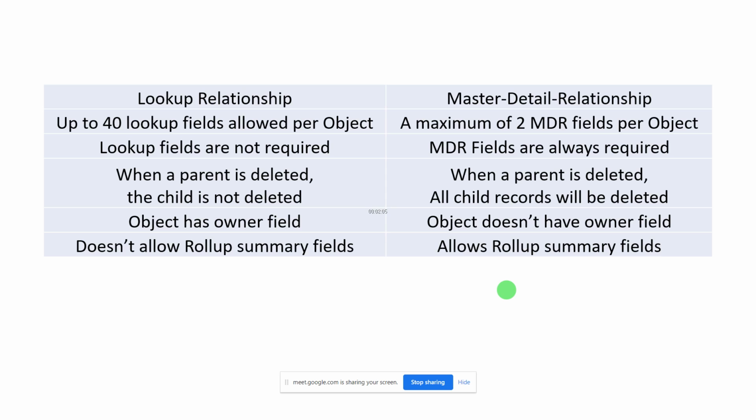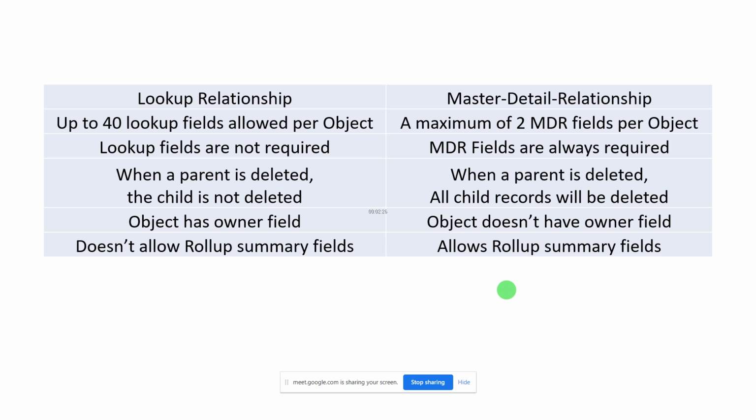Coming to lookup fields, they are not required, and MDR is required. We have seen in Salesforce practically that with a lookup relationship, if we are not entering that particular field, we can still save the record. But with a master detail relationship, without filling that field in Salesforce, we are not able to create the record.